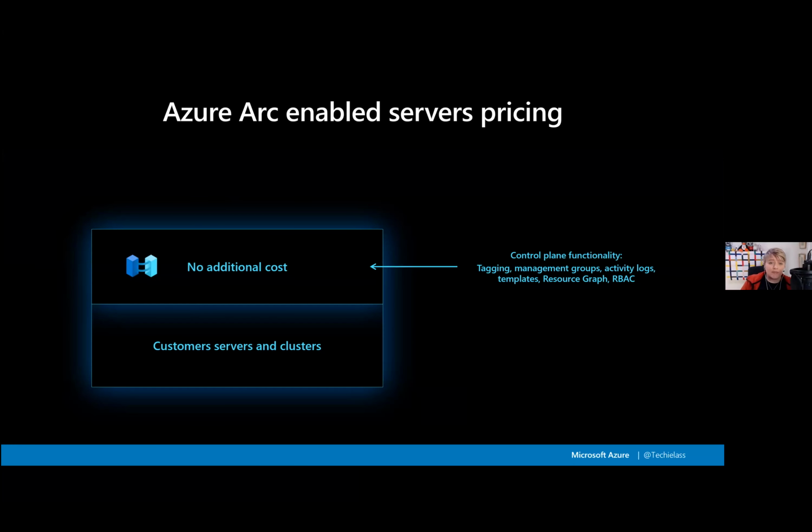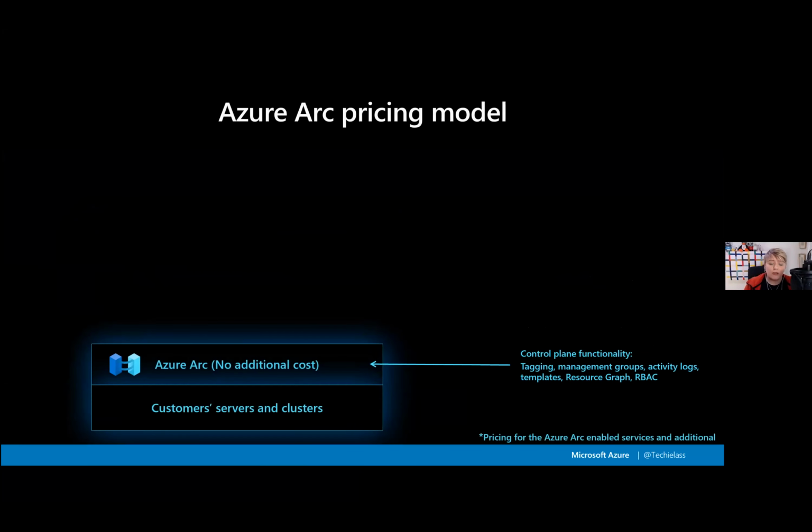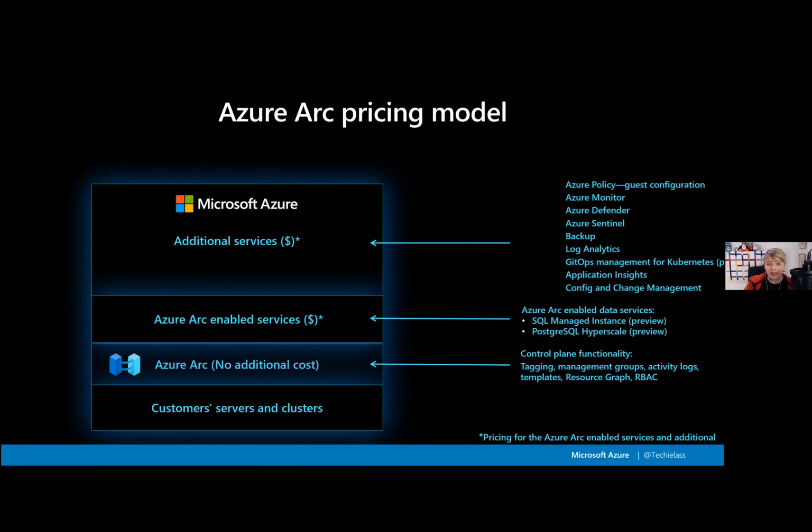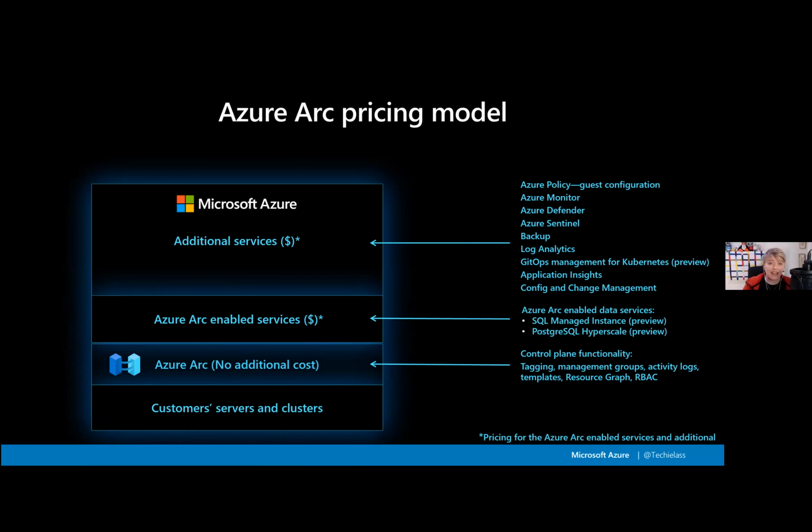We start to see the cost of Azure Arc when you extend beyond that, when you start to add on some of the additional services. So if you start to implement Azure Policy, Azure Defender, Azure Sentinel, backup on top of your Azure Arc agent, that's when you start to pay for it. So it's the additional services that cost you the money when you're talking about Azure Arc.